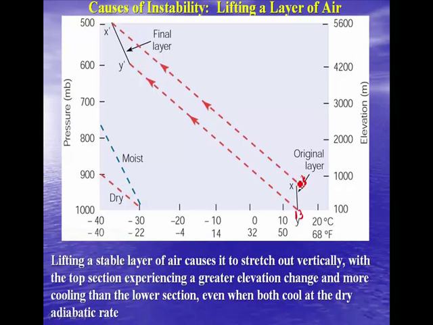Now if we take this layer of air and begin to lift it up in the atmosphere, what will happen is that this top layer has further to go, and so it cools at a rate of about 10 degrees Celsius per kilometer. It will cool faster, this top layer, than the bottom layer. And so as we lift this layer up, the top layer is now cooler.